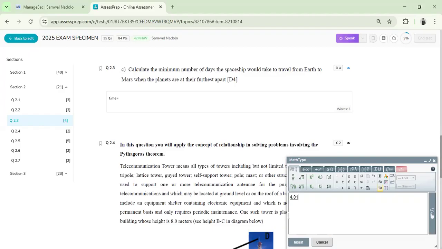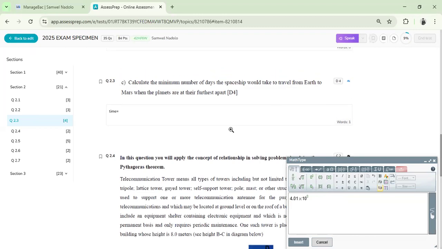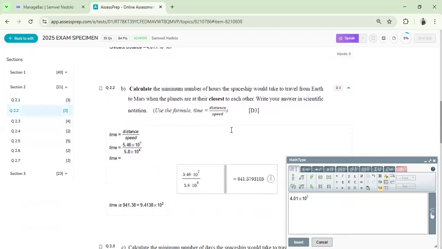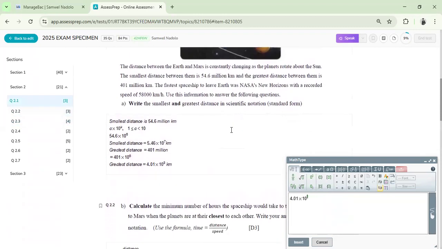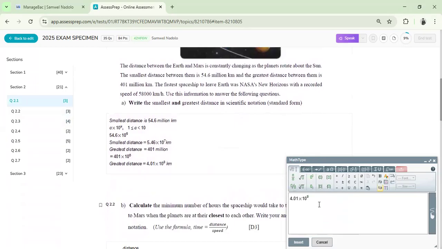So that is it, then divided by, and write this division sign. Speed is 58,000, but you can write it in scientific notation.